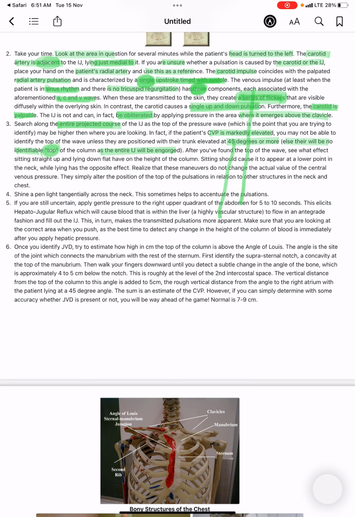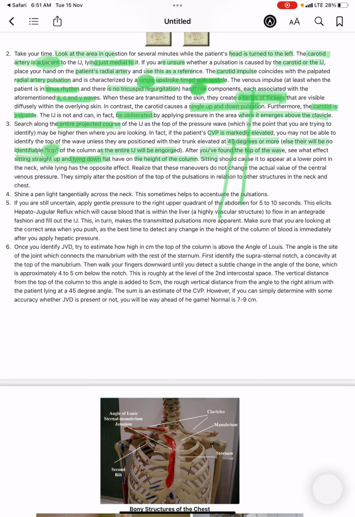After you have found the top of the wave, see what effect sitting straight up and lying down flat have on the height of the column. Sitting should cause it to appear at a lower point in the neck.